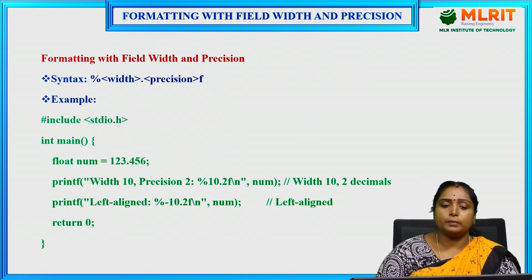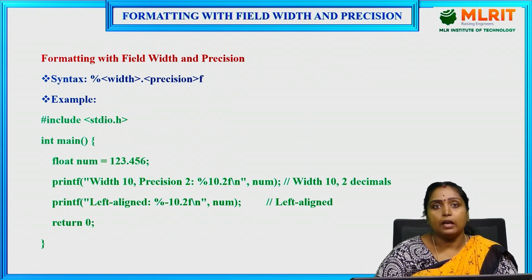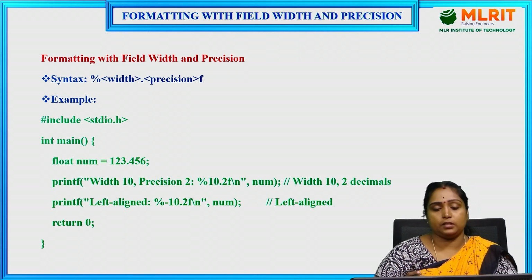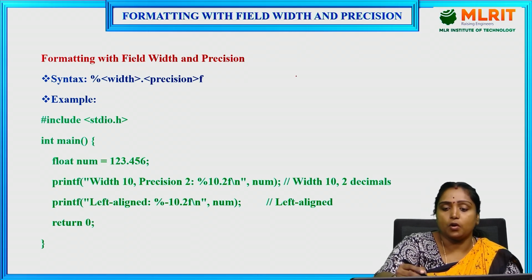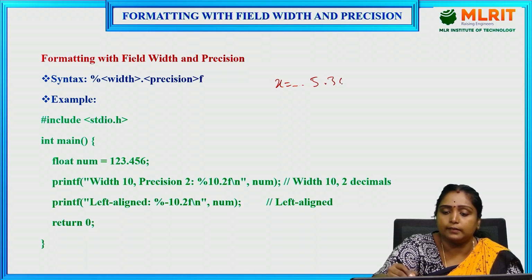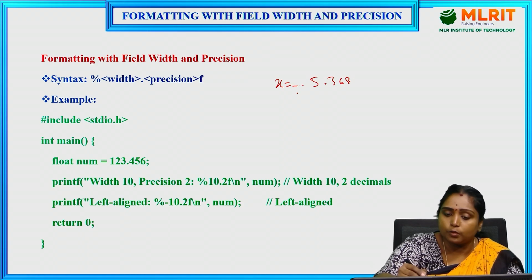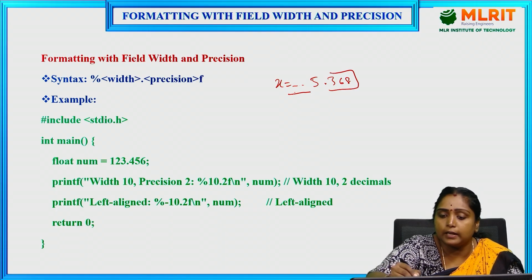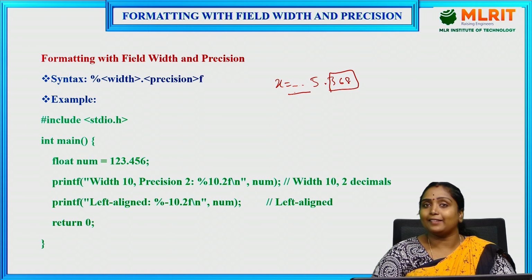Coming to formatting with field width and precision. Here we can go with width as well as precision together. If I want something like x equals, with 2 spaces and then 5.368, like this, in order to use this width, and I should get only 3 digits after the decimal point, then I can use this one.